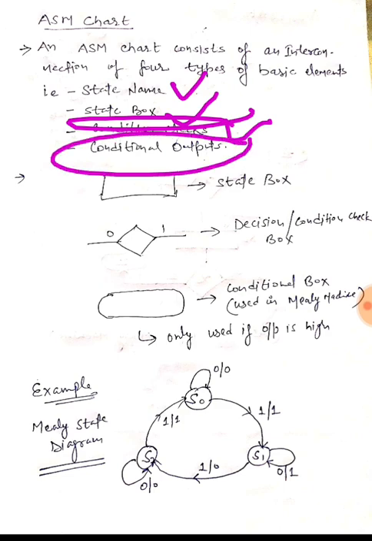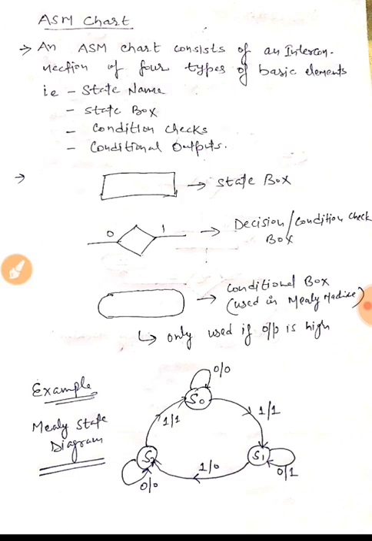The conditional outputs would be used only in case of Mealy machines. In Moore machines, conditional output boxes are not used; they are used only in the Mealy machine.